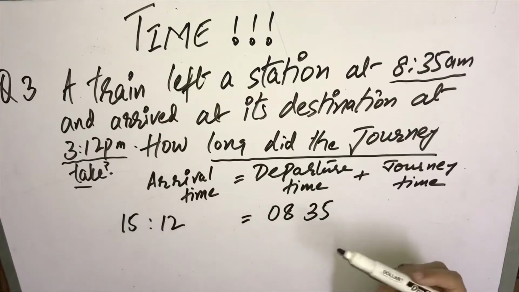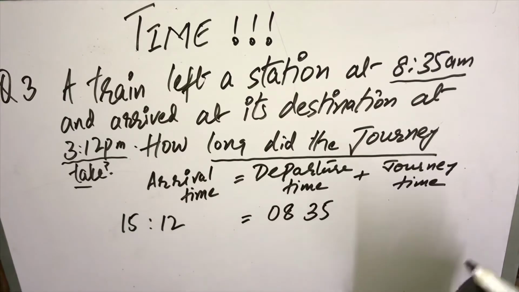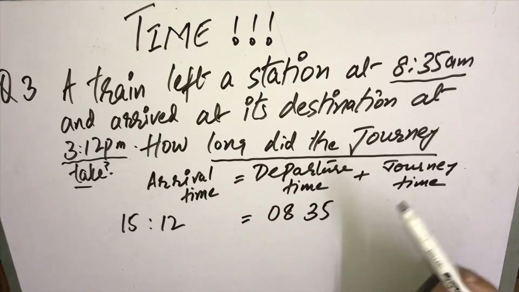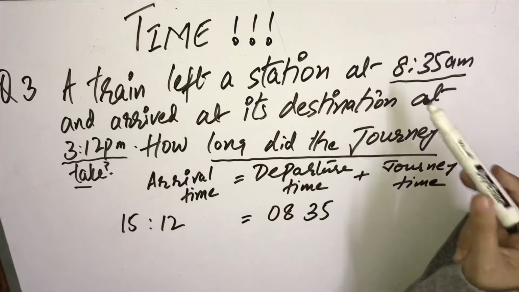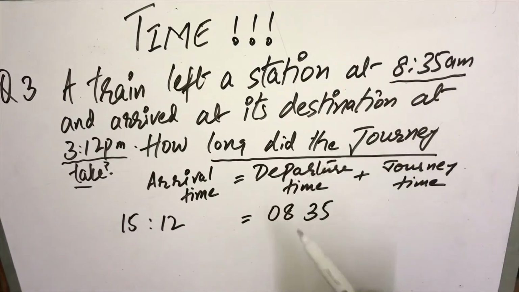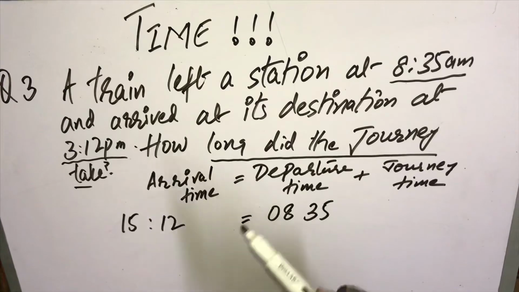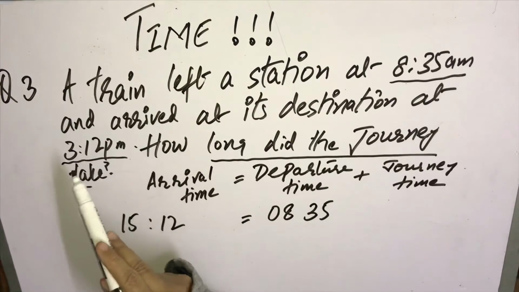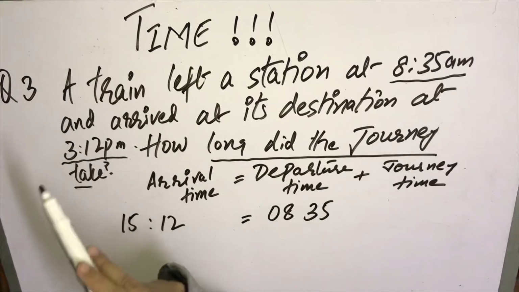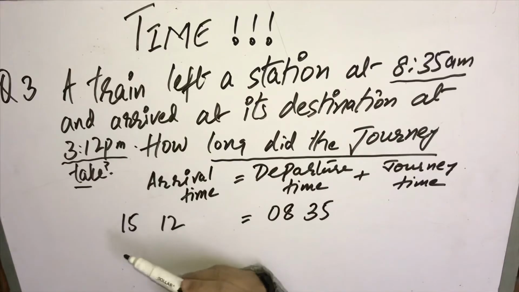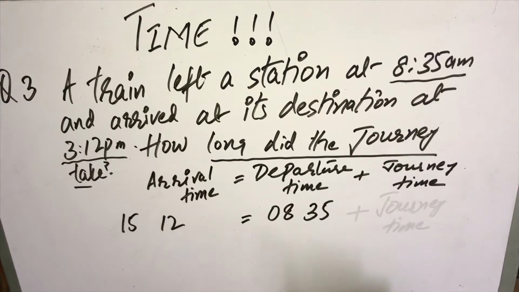Notice this again. I repeat, when we are converting AM into 4 digits, we just write the number without the colon and AM. We write it as 0835. But when we are writing PM into 4 digits, we add 12 to the PM time to convert it into 4 digits. It's 12 plus 3, 15, 12.